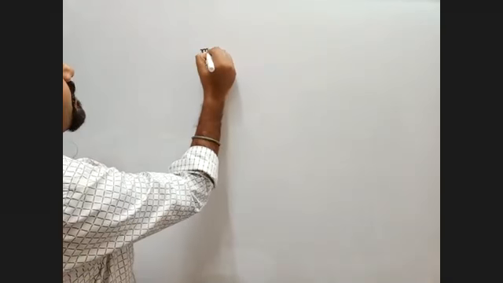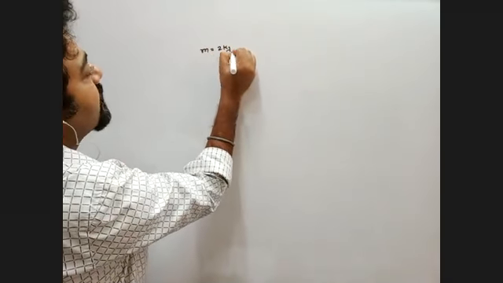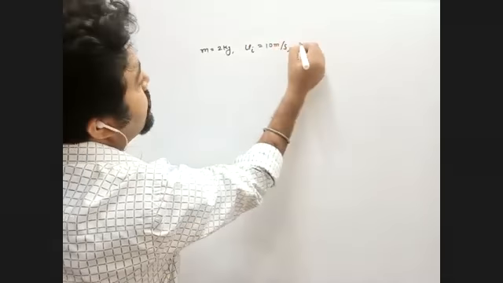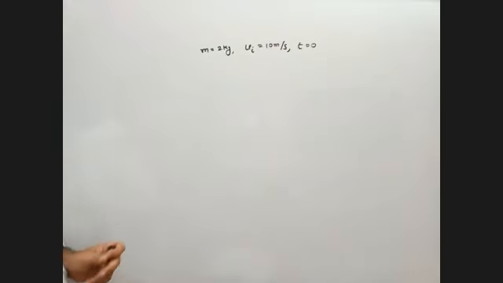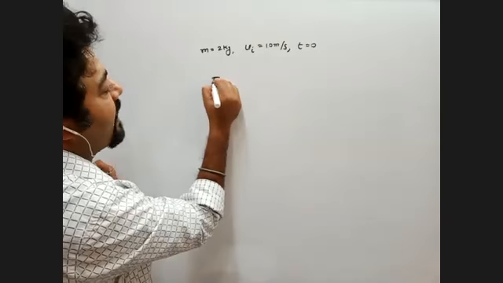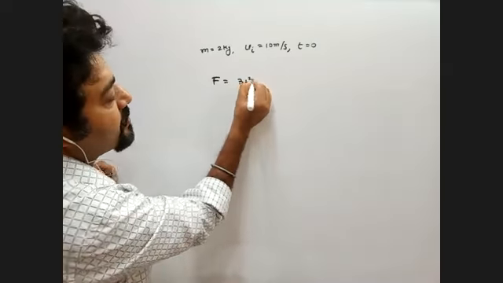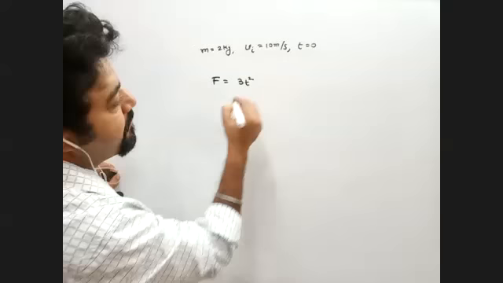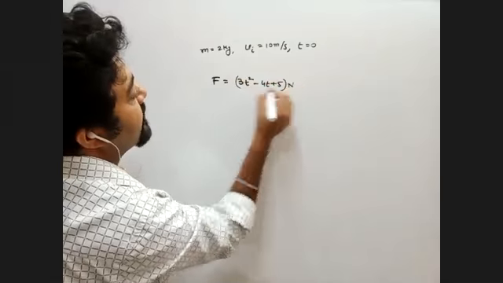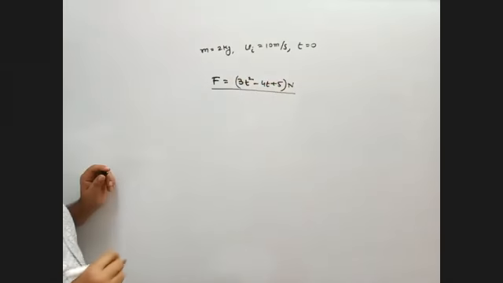A particle of mass 2 kg, initial velocity 10 meter per second when the time is 0, and force applied is 3t square minus 4t plus 5 Newton. Try to understand, force is this much.